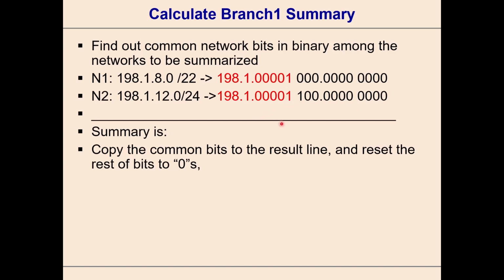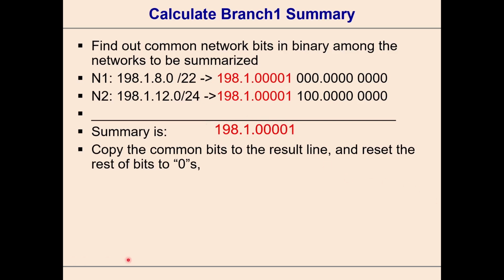So then we simply copy the leftmost matching common bits down to the result line. The matching bits are 198.1 and the 5 bits in the third octet that are common for those 2 networks. That creates the network ID for the summary network.